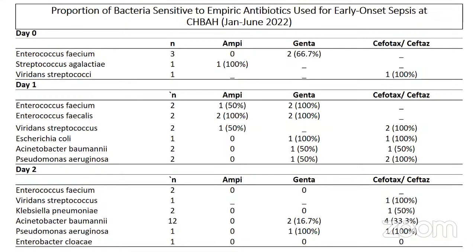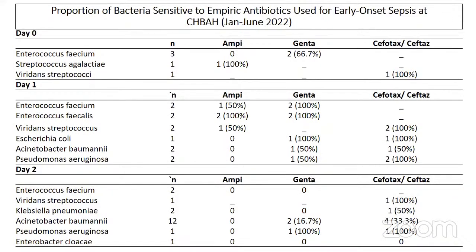But you move on then to day 1, and you see that on day 1 you found a lot of babies who had positive cultures. That means these patients on day 0 did not have signs of sepsis. On the following day, they had signs of sepsis, and then blood was taken for culture. So you can see then that Enterococcus faecium and Enterococcus faecalis were all covered by gentamicin, which is fine.